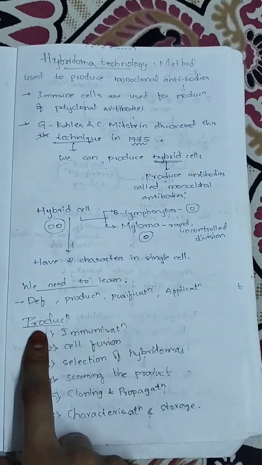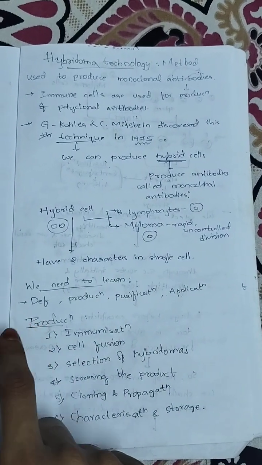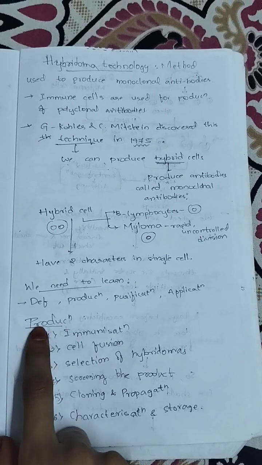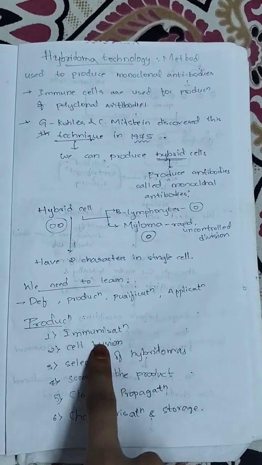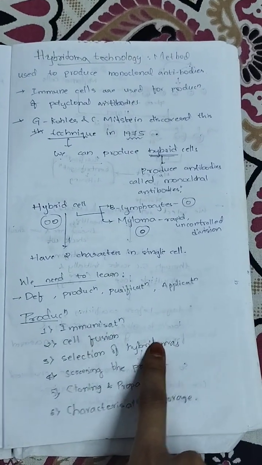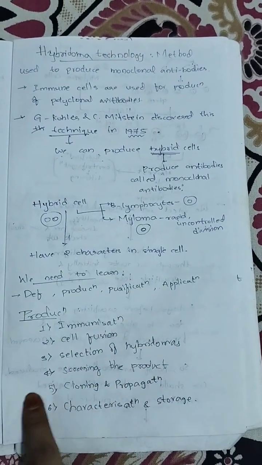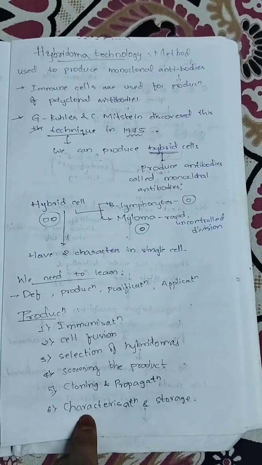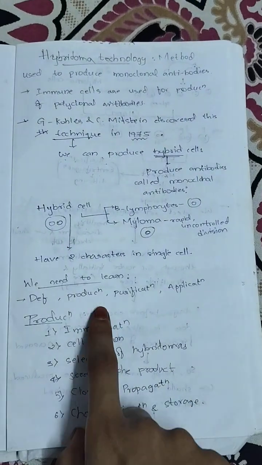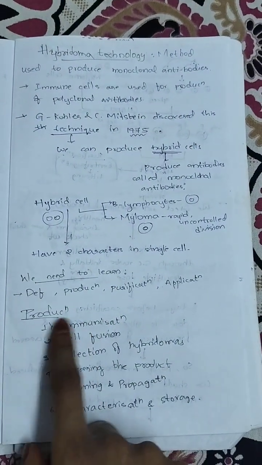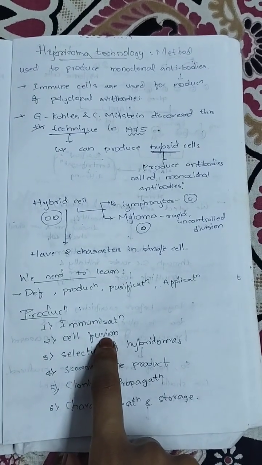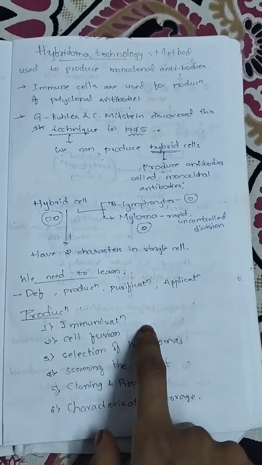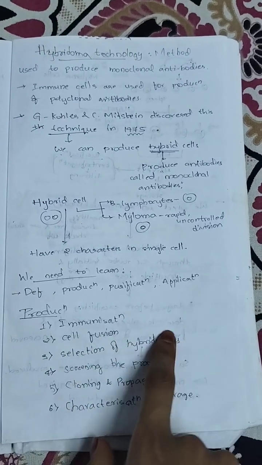The production of monoclonal antibodies involved in the hybridoma technology is immunization, cell fusion, selection of hybridomas, screening the product, cloning and propagation, characterization and storage. Immunization is nothing but B lymphocytes production, and myeloma and B lymphocytes are fused, and then different types of fused cells are found.